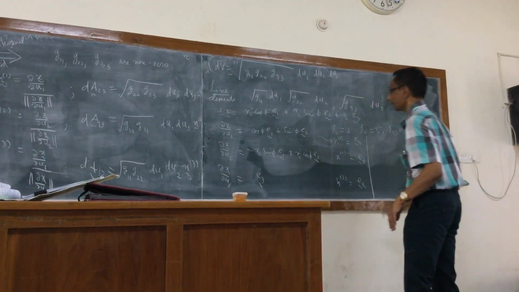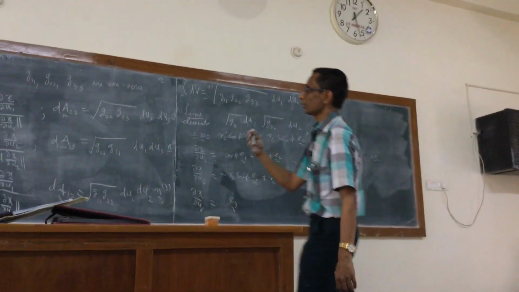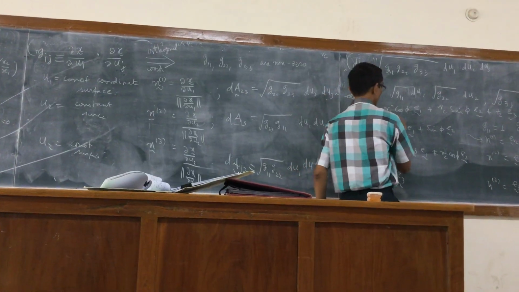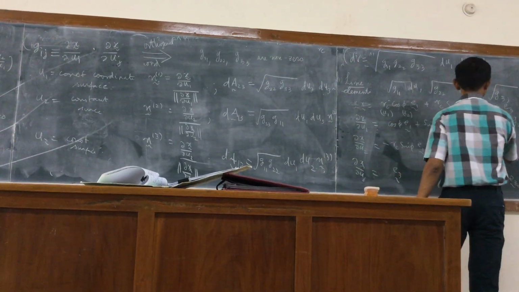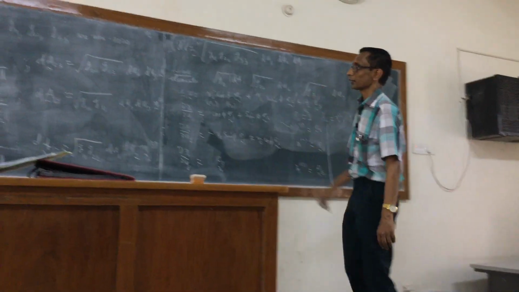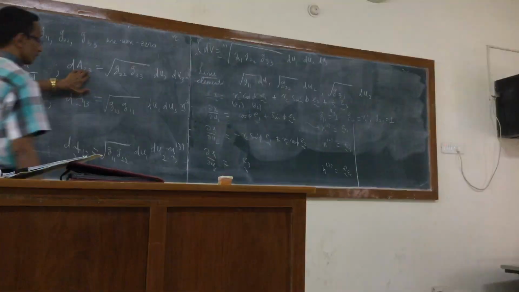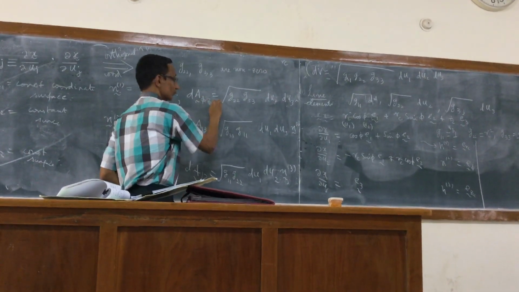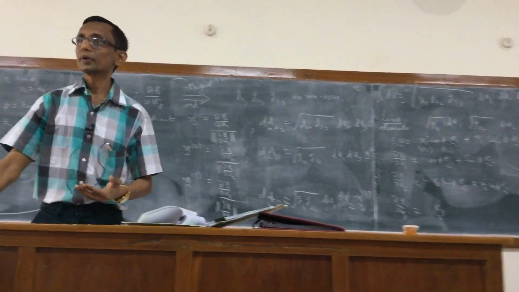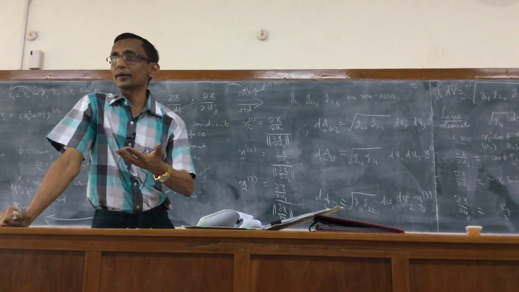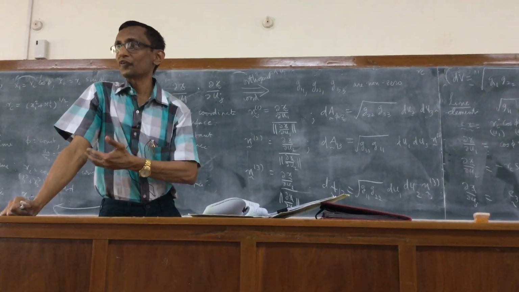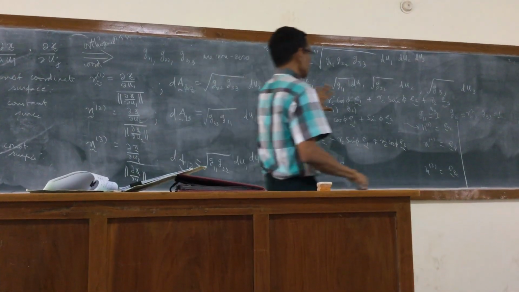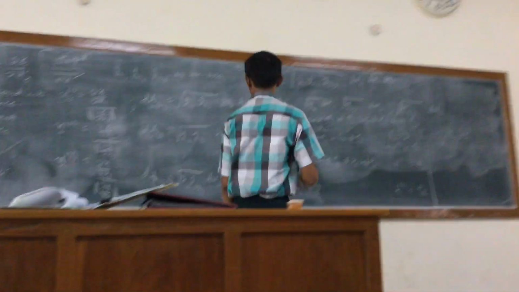Now, what about the area elements? So dA23. This is u1, this is u2, and this is u3. The 2 is for the phi and 3 for ZC. This is the surface of the cylinder, the constant RC surface. It will be represented by d2, d3 times the square root of the coefficients, so that would be RC.